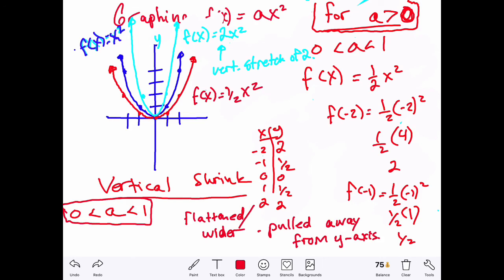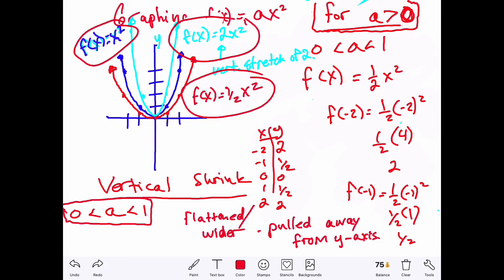So on all three of these, we have an a value greater than 0, and that's why our parabola opens upwards on all three. However, under that, you can have vertical shrink, which is a between 0 and 1, in red, and vertical shrink will flatten it and pull it away from the y-axis and towards the x-axis.